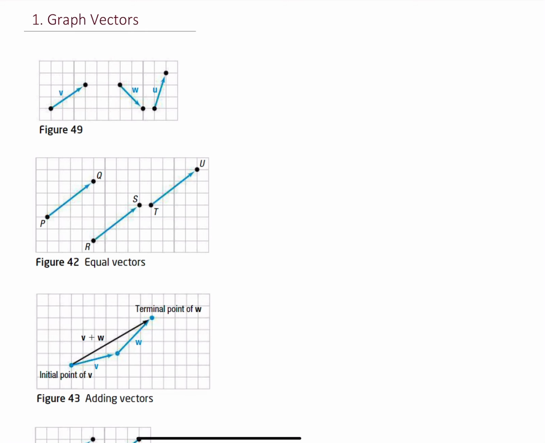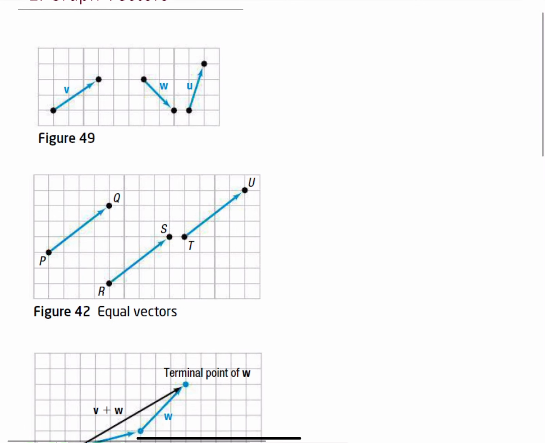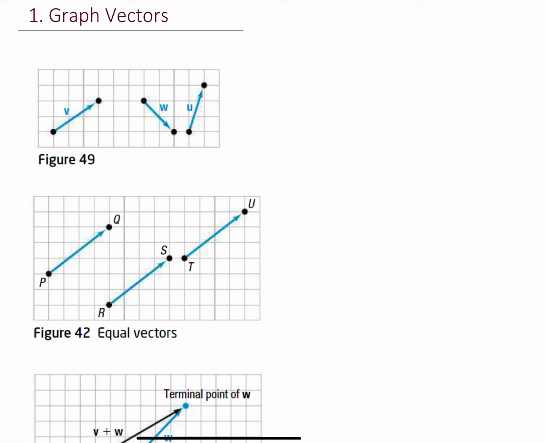So we'll start just by looking at some visual properties of vectors. So we have, in our first example, 3 different vectors that can be placed anywhere in space. In this second example, it's showing multiple vectors that have the same magnitude. They each have the same length. And notice they're all parallel to each other.